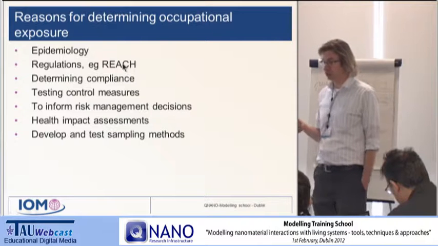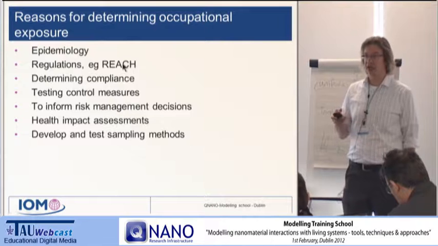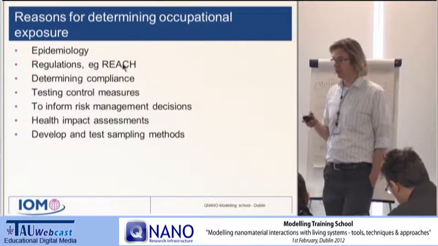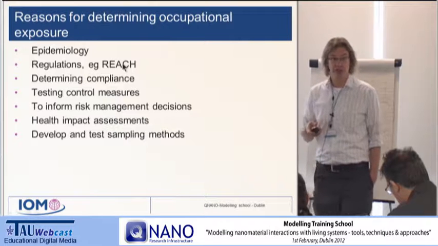So if you want to do an assessment for REACH, you probably use a different tool or different assessment than if you want to do exposure assessment for an epidemiological study.